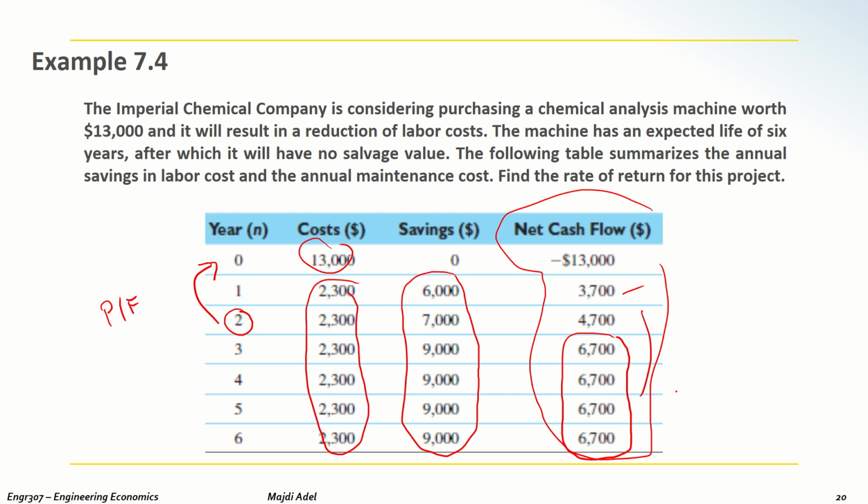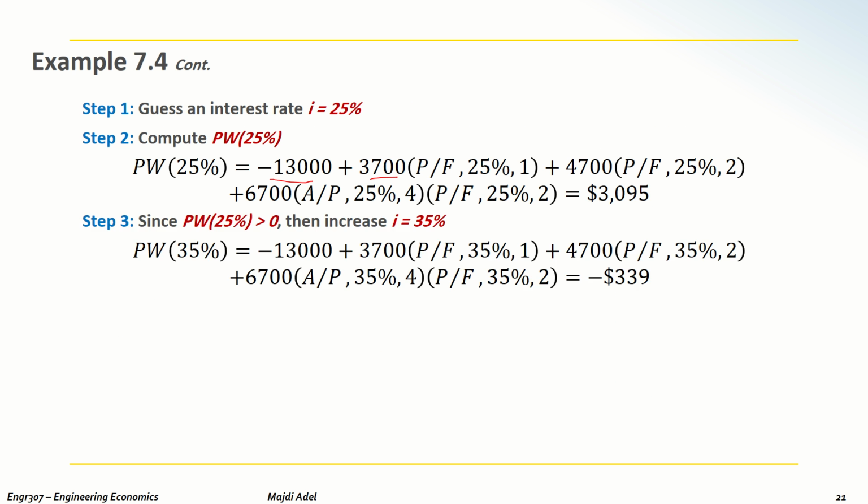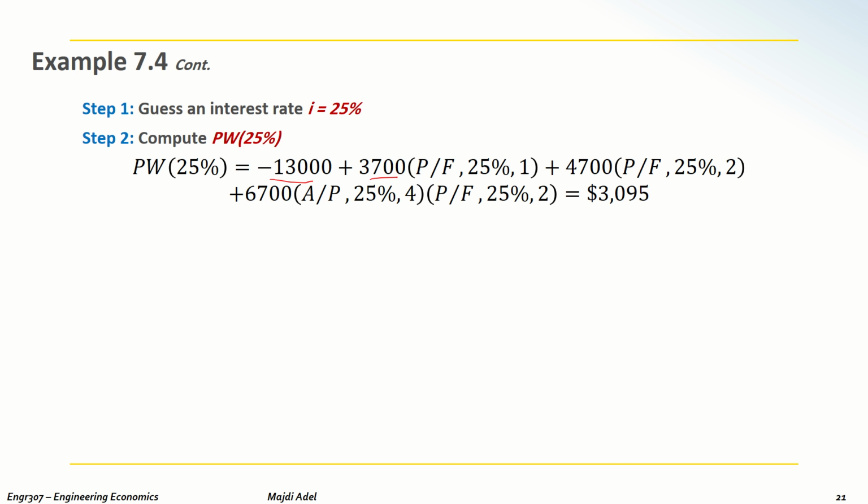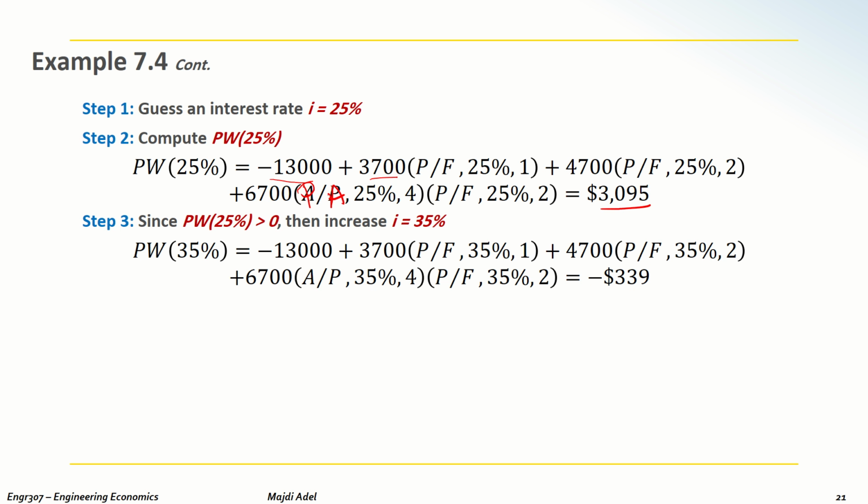So I can calculate P given A to find their present worth at n equal 2, then use the factor P/F to find their present worth at n equal 0. 6,700 calculate P given A, 25% and 4 years, multiplied by P/F 25% and 2 years. The answer is 3095, greater than 0.